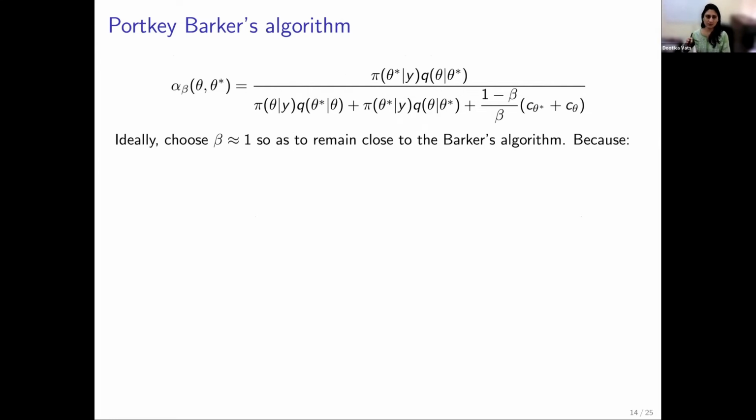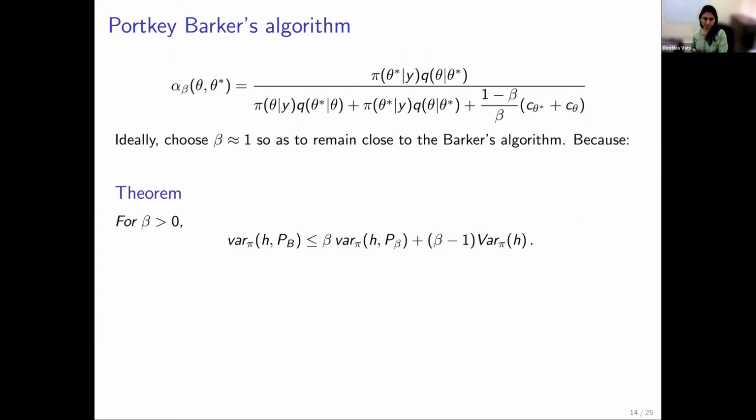That's because we obtain some understanding of the loss of efficiency based on Peskun's ordering for this particular algorithm. So for beta greater than 0, the limiting variance from Barker's is bounded above by beta times the limiting variance from Portkey, plus some small variance quantity in addition to that.